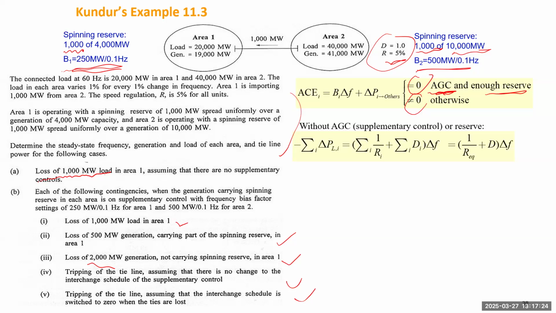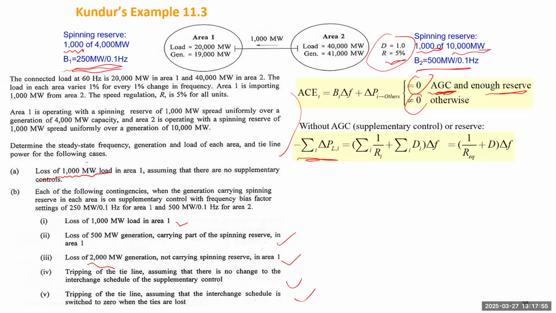If there's no AGC, the frequency deviation can be calculated based on this formula. This formula came from the power balance. Remember how we proved it: we assume there's a load change that can cause frequency dependent load change, and that will be reflected in the generation change using the governor. So that is the same formula, and we just rearrange it. The left-hand side will be the total load change.